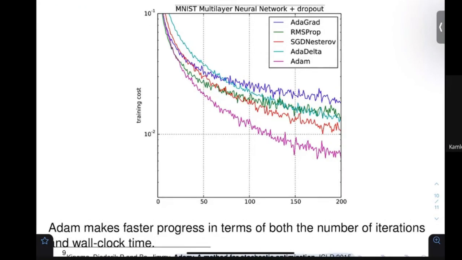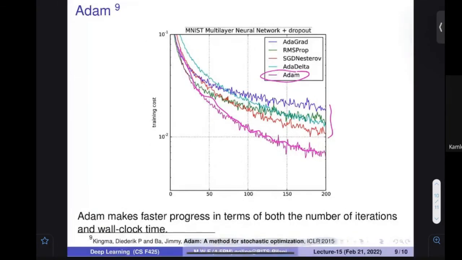You can see the ADAM optimizer has lower error, while the other ones have less reduction in the error as compared to ADAM. So ADAM is faster. This experiment is done on the MNIST database, that is the database of digits.